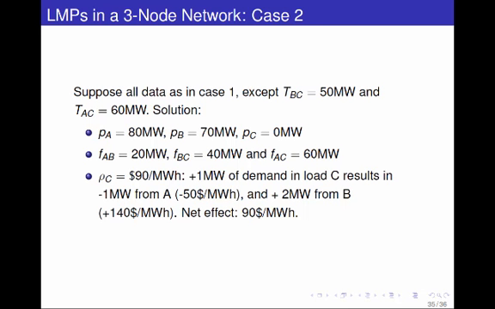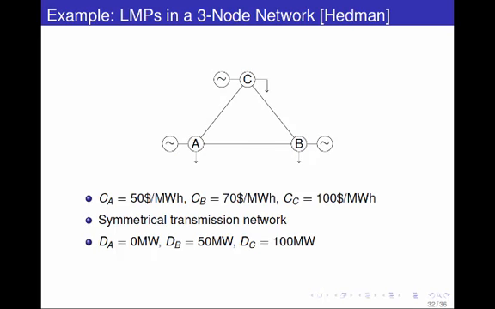The cheapest way to satisfy this demand C is to back up A by 1 megawatt, and that opens up space in the lines, and then ship 2 megawatts from B. You can try combinations if you want, or you can sit down and think analytically about the argument, but you will discover that there is no cheaper way to respond to this demand increase in C. So you back up A by 1 megawatt, that opens up 2/3 megawatts of capacity on this line here, and B takes them up.